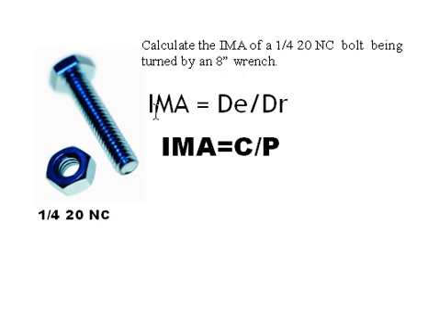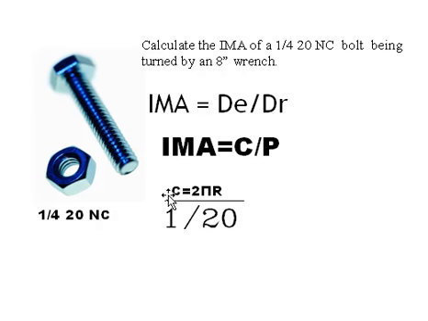So I've rewritten our formula for IMA. Instead of saying D of E over D of R, now IMA is equal to C over P. C being the circumference of the circle that the wrench makes, P being the pitch or the distance that the bolt goes down into the material. So in order to calculate what C is, what the D of E is in this calculation, we need to know what the circumference is.